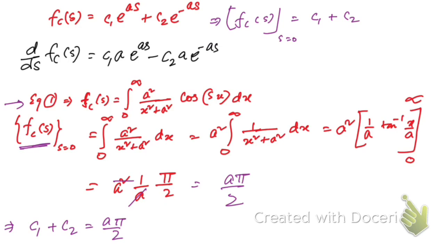And again, at s is equal to 0, this implies d/ds of fc of s at s is equal to 0 should be equal to c1 a minus c2 a. That's what we should get, right? That's very simple. So I hope you have understood this.